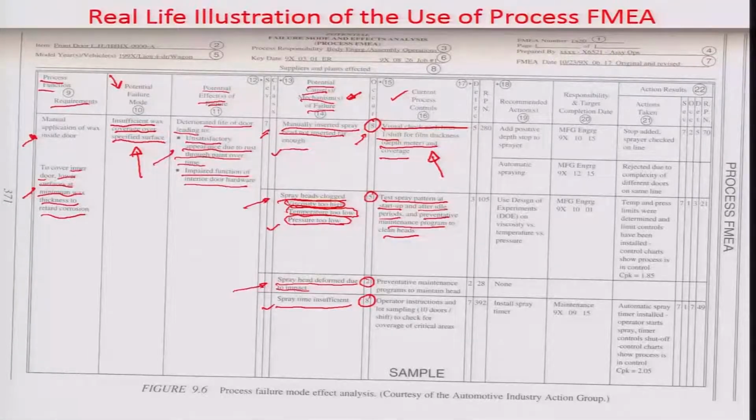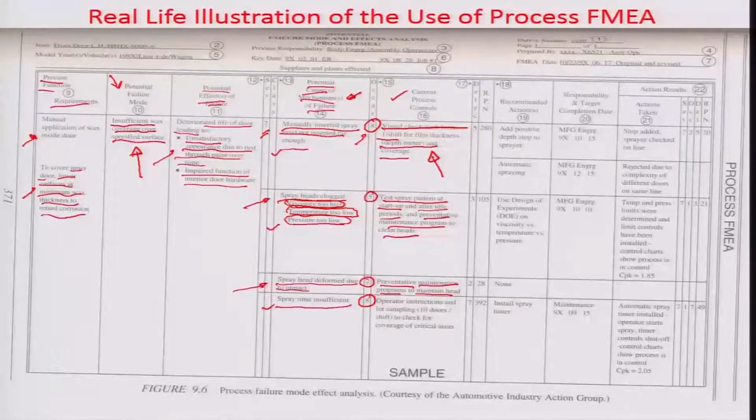For the spray head deformed, there is of course a program of maintenance where it is necessary to check every Sunday or every Saturday, at a certain point after the shift is over, whether the spray head is really in good shape or it has been deformed. And if it is deformed, it is replaced.